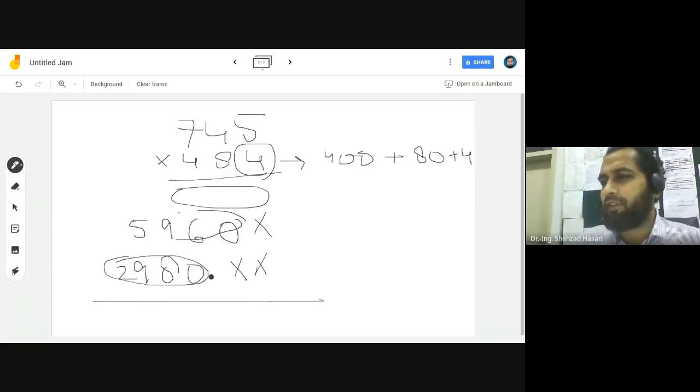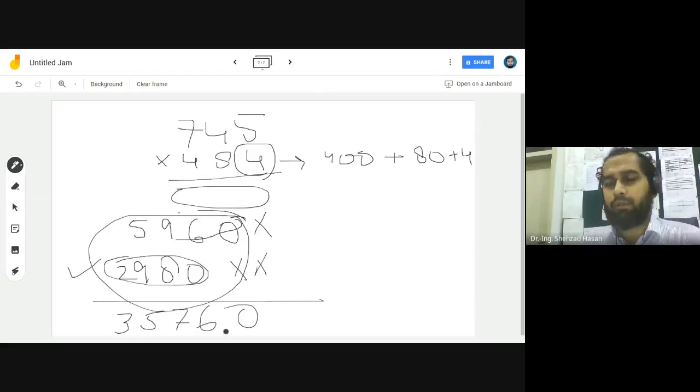So if you're going to add these two together, you're going to see that the first result was 2980, but none of these bits are going to remain the same. So you are getting a different answer over here. What you get is 35760. So none of this 298 has been preserved, right?